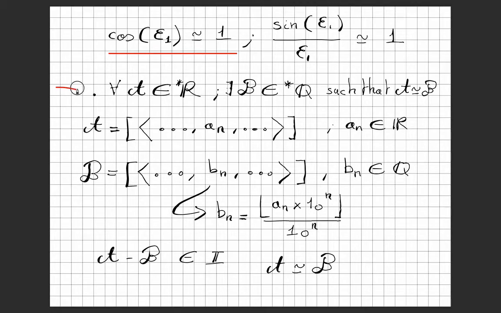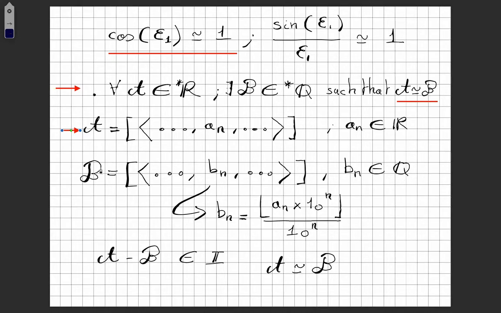Another exercise here is to show that for every hyperreal number A, there exists B, which is a hyperrational number, such that A is equivalent to B, or in other words, A is infinitely close to B. So here is a notation for A, with all the elements A_n being real numbers, and here is a notation for B, which would be a hyperrational number if most of the elements B_n are rational numbers.